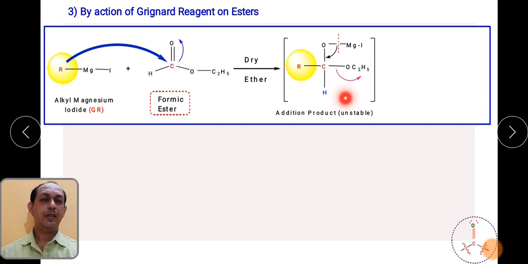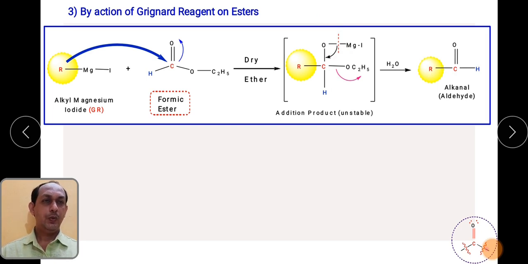This product is unstable and very quickly gets hydrolyzed. These two bonds break down and water is added across them, and you get conversion of this addition product into alkanals. If you change the esters, ketones can also be prepared by this method.